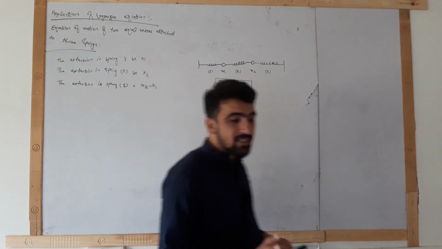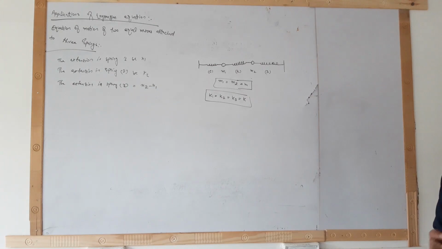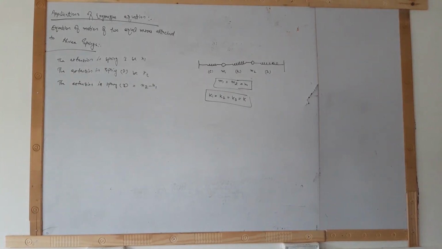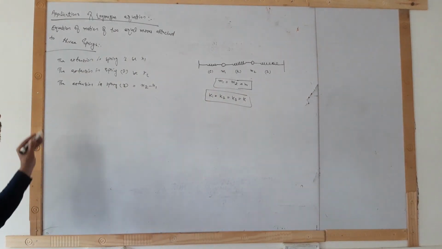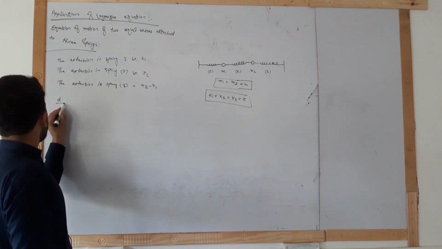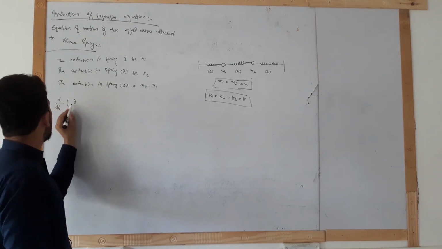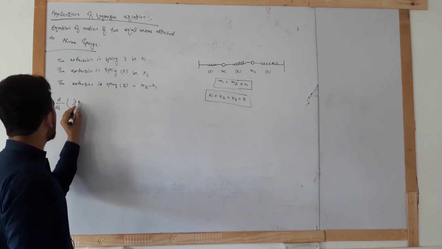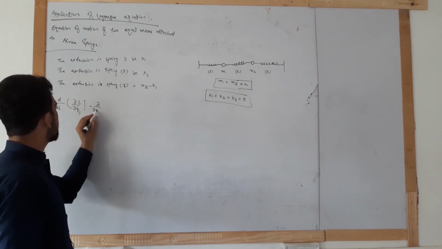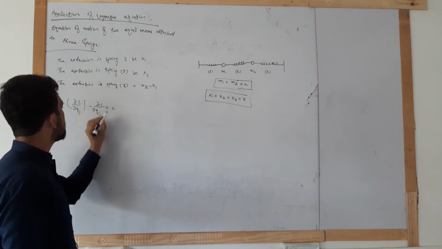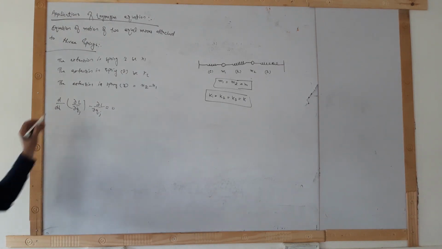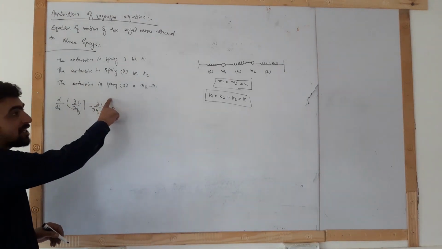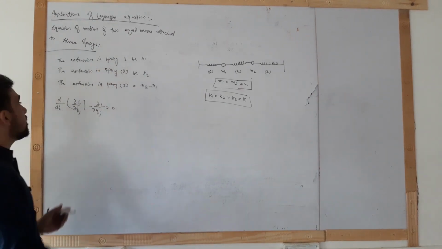Now if we look at our system, it has two degrees of freedom, that is x1 and x2, on which the system depends. So the Lagrangian equation becomes d by dt of partial by partial qj dot of L minus partial by partial qj of L is equal to 0. Now we have to write this equation in terms of x1 and x2.